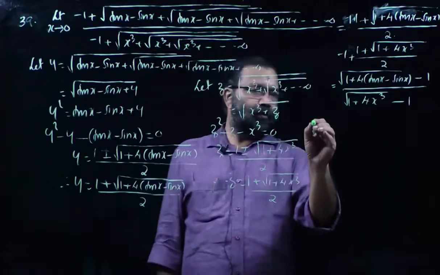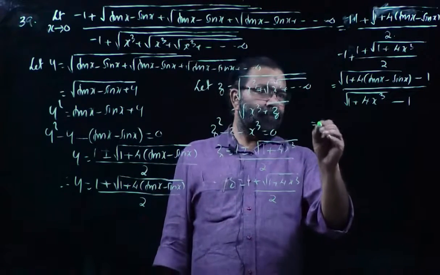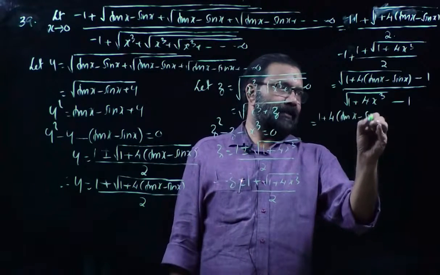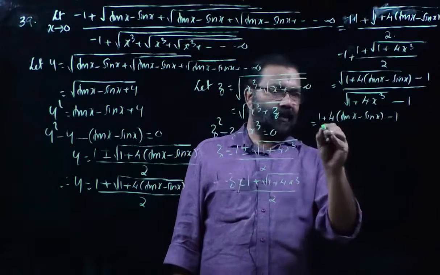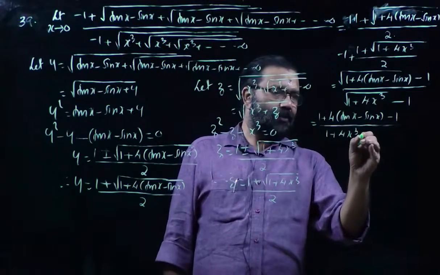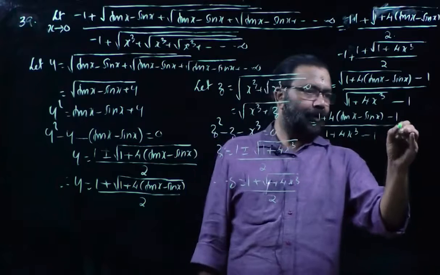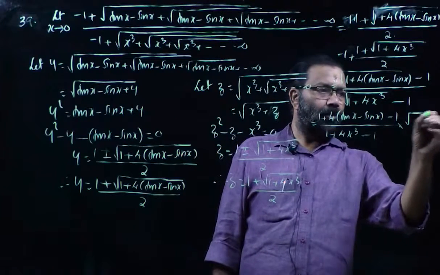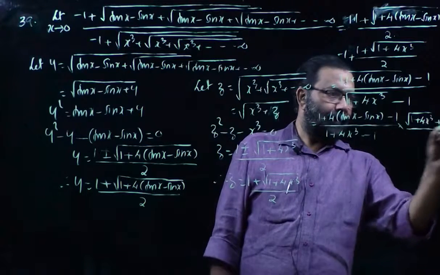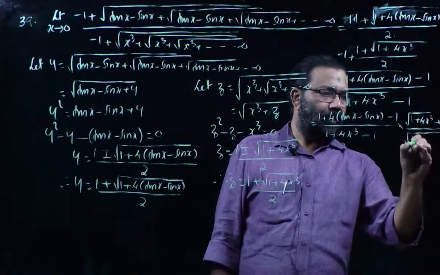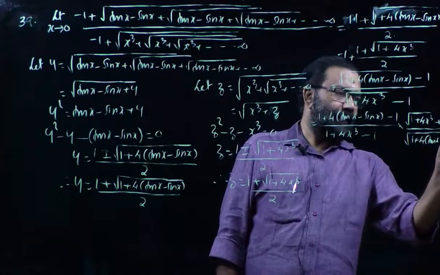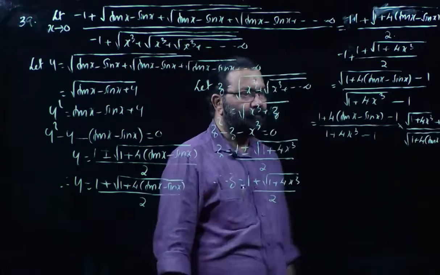Now rationalizing numerator and denominator, you are getting 1 plus 4 into (tan x minus sin x) minus 1, divided by 1 plus 4x cube minus 1, into root of 1 plus 4x cube plus 1, divided by root of 1 plus 4 into (tan x minus sin x) plus 1.